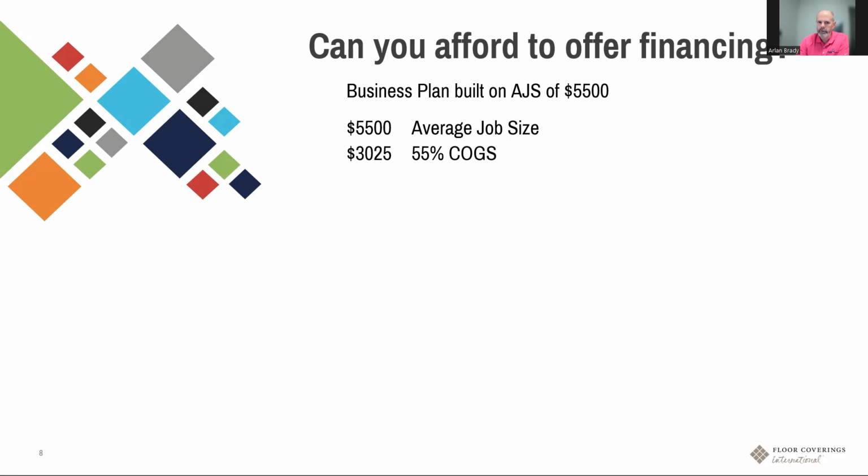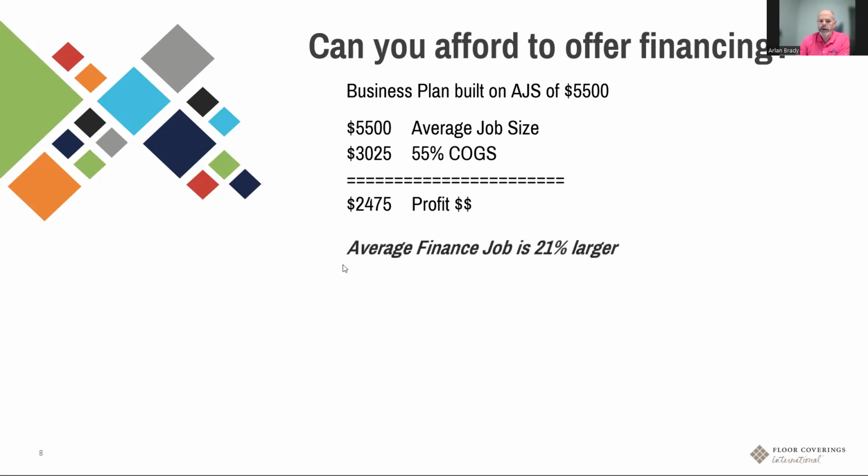Again, very conservative on the gross margin. So if I have an average job size of $5,500 with a 55% cost of goods sold, I've got a profit of $2,475 on average for each job, right?